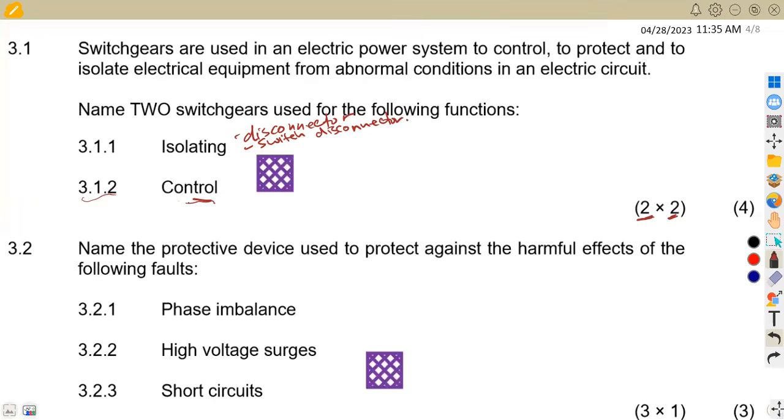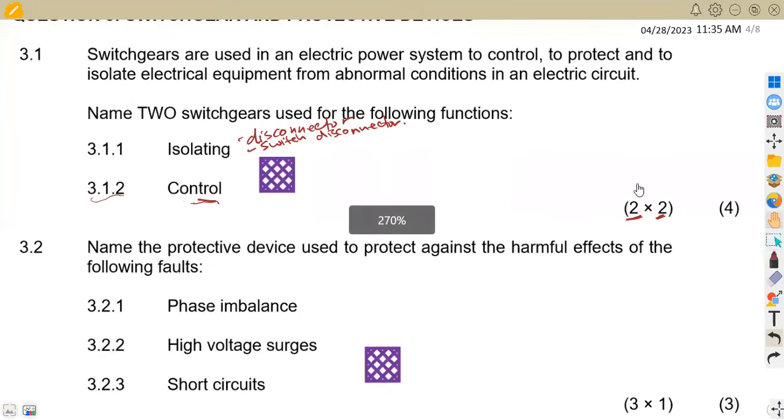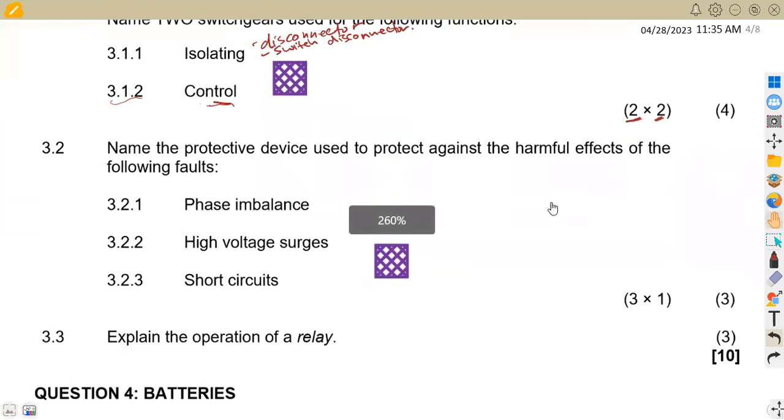All right, so that was our part of the question. I just hope we saw everything. We've got 4 in this case. So out of 4, we can just pick any 2. All right, so let's check the other part. We are now given on 3.3 to name the protective device used to protect against the harmful effects of the following faults.